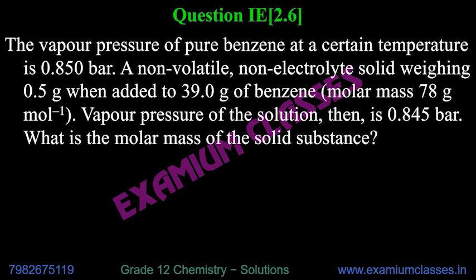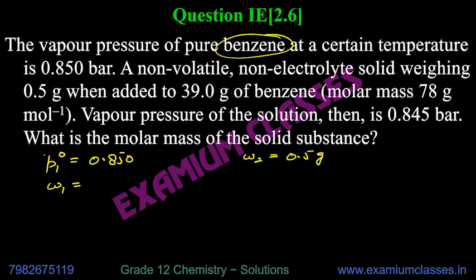I'm giving you a few hints. Vapor pressure of pure benzene, so P1 naught is given, 0.850. Benzene here is solvent, and that's why 1. Non-volatile, non-electrolytic solid weighing, now solid means it is solute, W2, 0.5 gram, added to 39 gram of benzene.